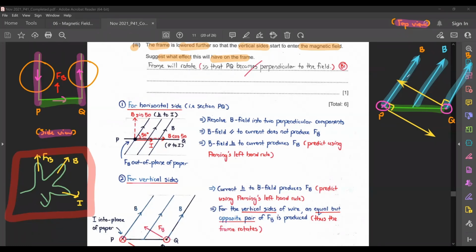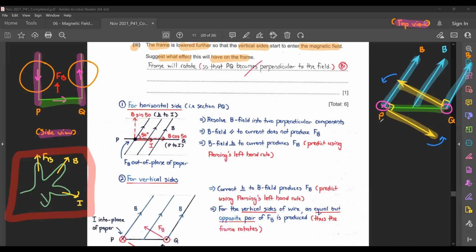So look at the forces that have arisen on the sections of your wire. They are going to cause a moment in the same direction. This force here is going to cause a moment counterclockwise. This one is also going to cause a moment counterclockwise. So they are both in the same direction.